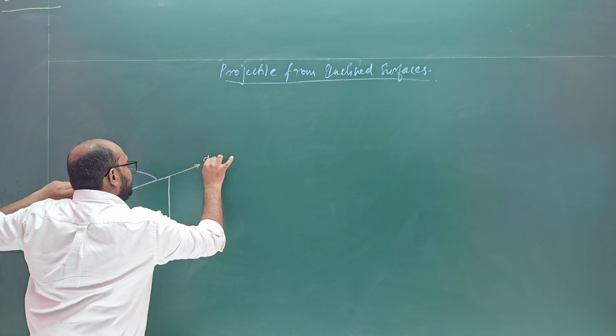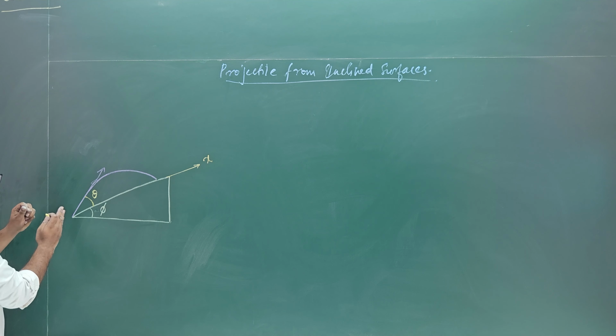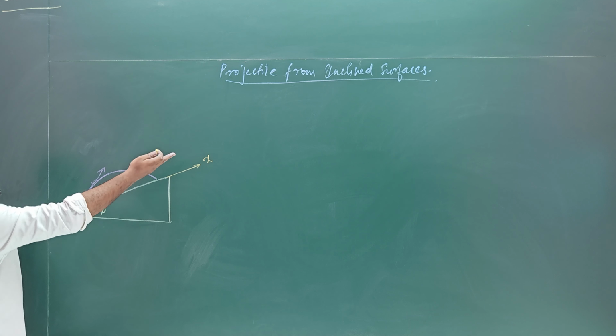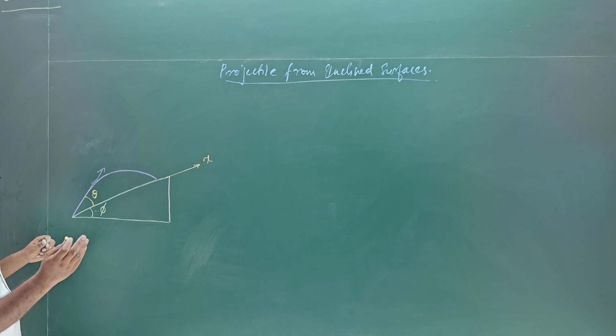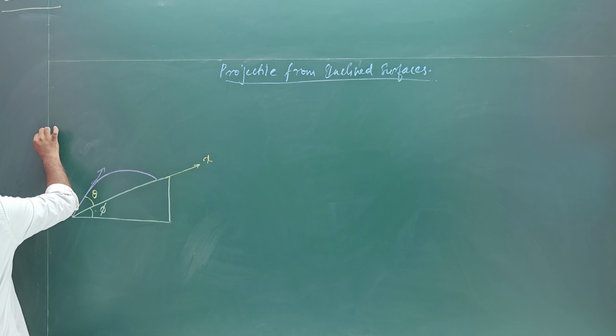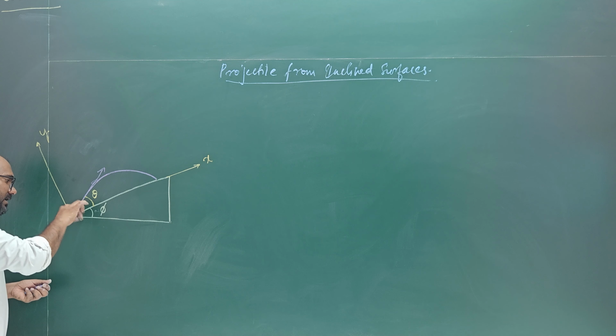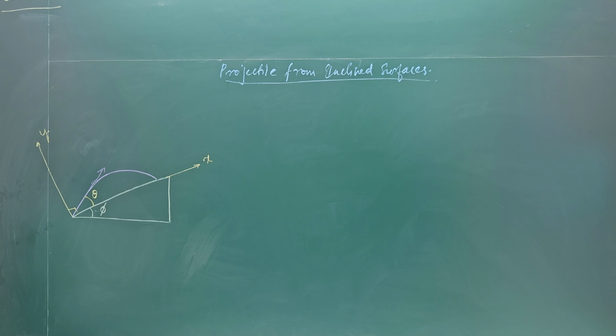Now the axes have been changed. This is your x-axis now. Previously we took the x-axis here and the y-axis exactly here, but now the x-axis is in this direction and the y-axis will obviously be perpendicular to this. So this is your y-axis and this is your x-axis. The angle between these two will still remain 90 degrees.